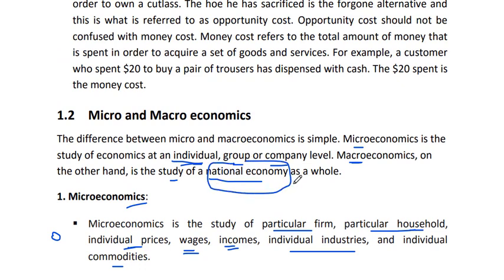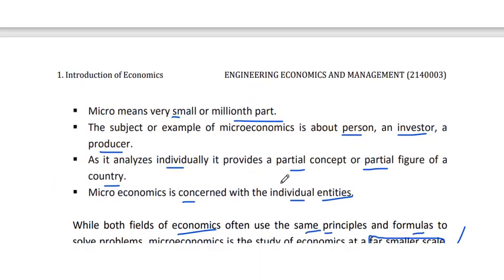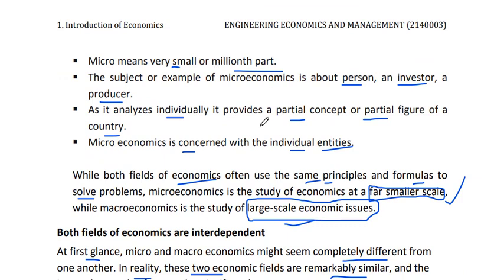If you remember this, you get the idea of micro and macroeconomics. Micro is very small and is about a person, investor or producer, while macroeconomics is the study of large scale economic issues.